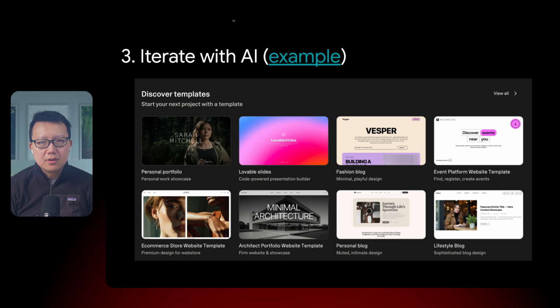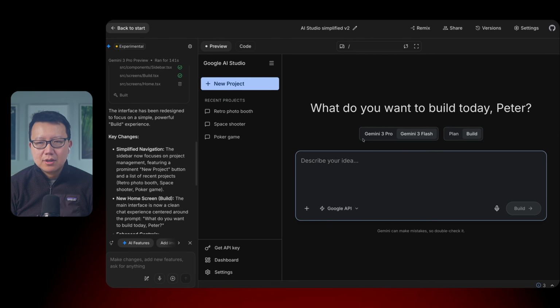Now, the next step is to iterate with AI to make your feature better, right? Because AI usually doesn't get it right in one shot. So for example, one thing I don't really like with this is the model picker is up top and so is plan and build mode instead of part of the chat box.